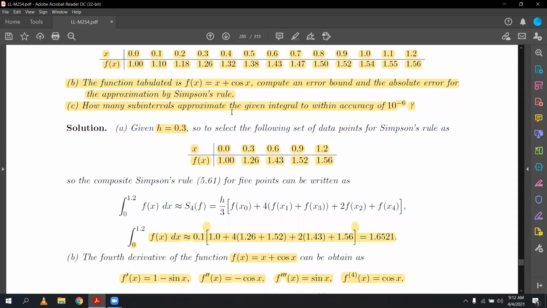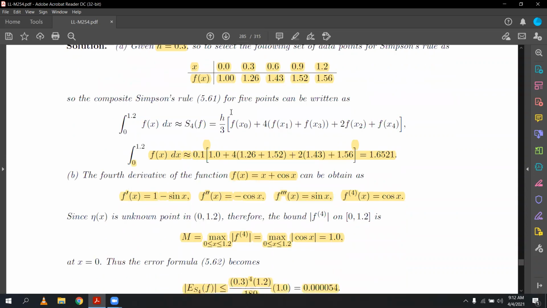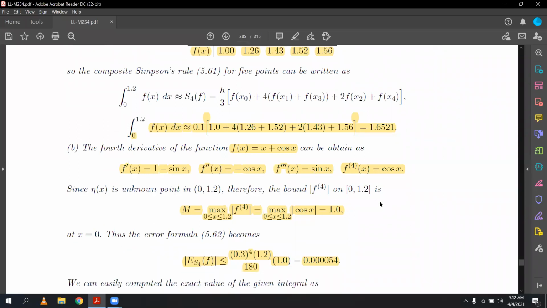The error bound formula needs the fourth derivative of the function. We are given f of x equal to x plus cosine x. The first derivative is 1 minus sine x. The second derivative is minus cosine. The third derivative is sine, and the fourth derivative is cosine. And we need the maximum value of the fourth derivative inside the interval.